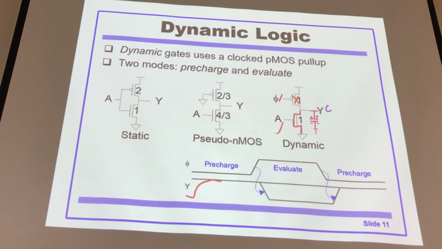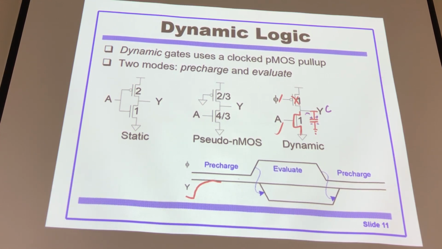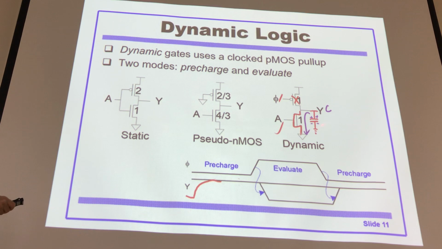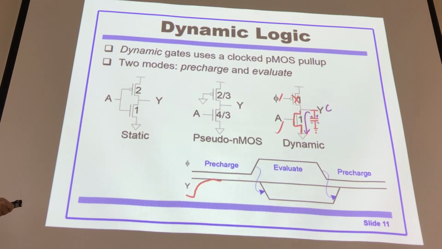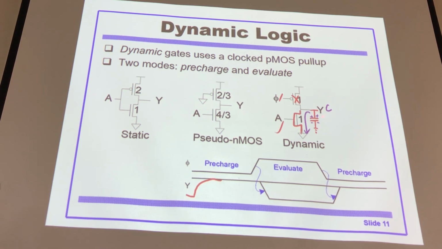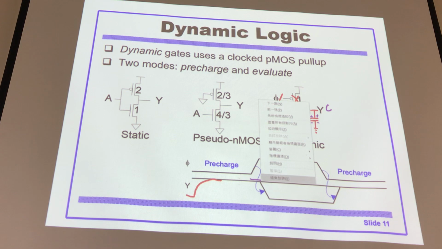PMOS is off. So there's a current because of the voltage drop from here to ground. You have high voltage here, and here is ground. So there's a current, right? From here to here. It will take away the charge of the capacitor, with less and less charge, less and less electron hole on the capacitor, so you get lower and lower voltage at the output. And at the beginning, it's very fast, and then slower and slower.